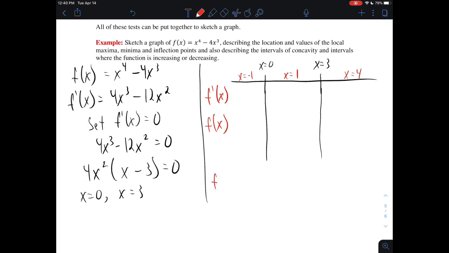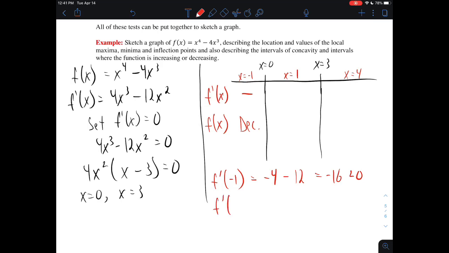So testing at my test points, f prime of negative 1 would be 4 times negative 1 cubed, which is negative 4, and then minus 12 times negative 1 squared, so negative 4 minus 12 gives me negative 16, and that's less than 0. So the first derivative is negative in the interval leading up to x equals 0, which means that my function is decreasing on that interval.